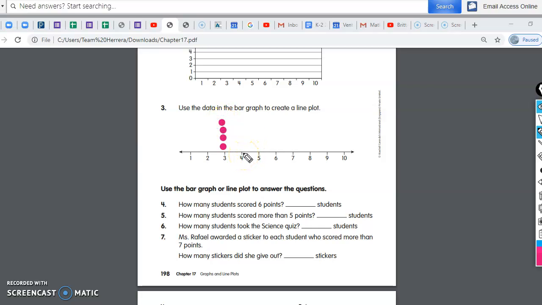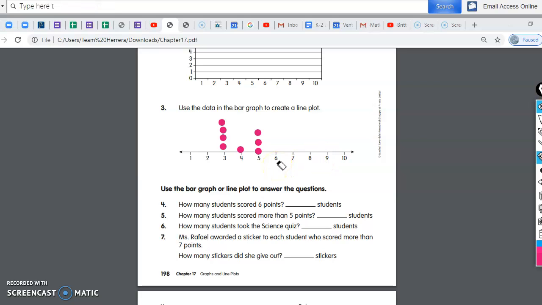Okay, 4, we had 1. 5, we had 3. I don't know why it's doing that.